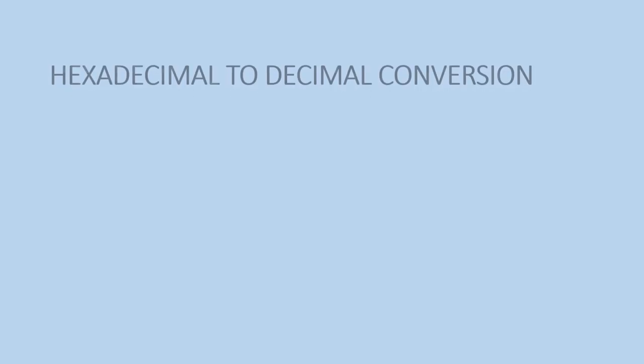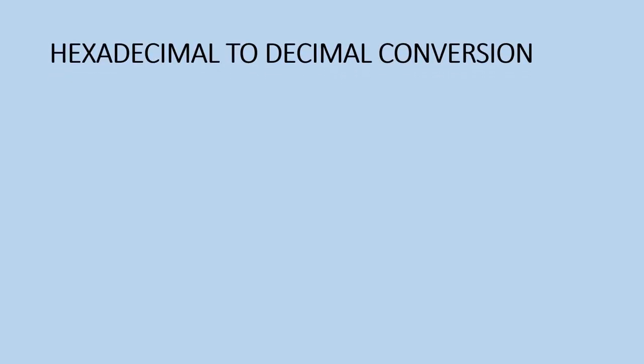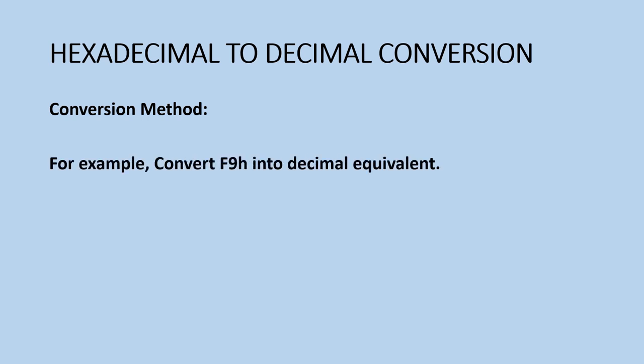Before going to the program directly, I will show you how to convert a hexadecimal number into a decimal number. The conversion method I am going to explain here, and after that we will go for writing the program. For example, let's take the hexadecimal number F9H.